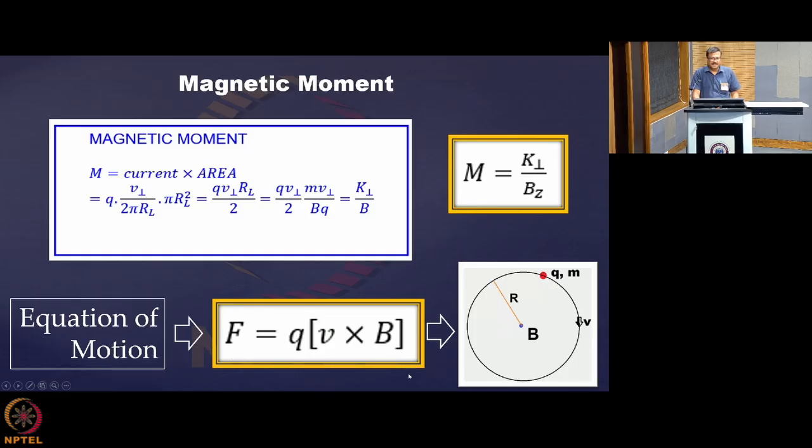Whenever such an equation appears for the motion of charged particles, you must be sure that it is an orbital motion of the charged particle q with a velocity v in a direction perpendicular to B. So with a velocity v perpendicular, it will just rotate, and then you will get an equation of motion of this kind. Later on, whenever we come across any equation of this type, we will say that this is a purely orbital motion.